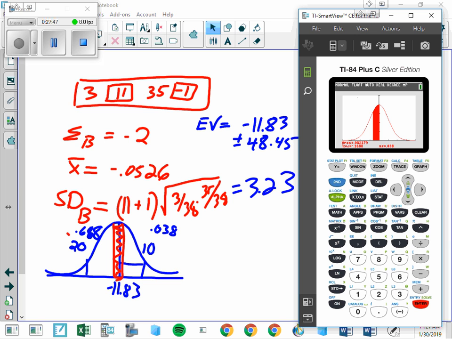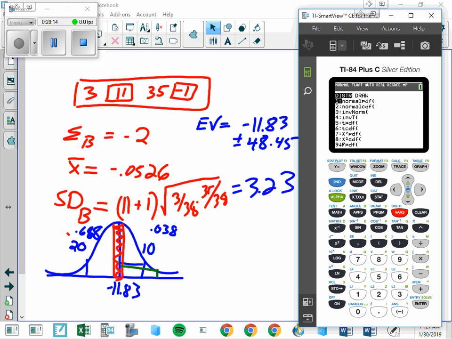All right, what's the chance that you're going to lose money? So we want to go over here to 0, which is a value of 11.83. So clear out my draws. And I'm going to do 11.83 divided by 48.45, which gives me a z-score of 0.24.